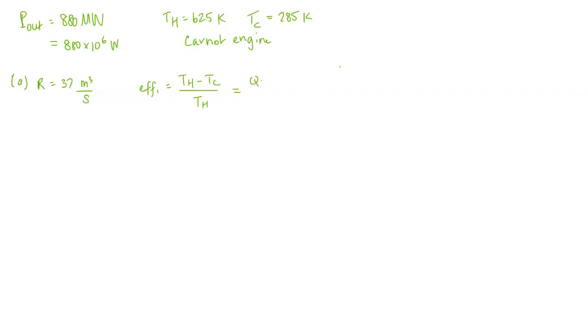And for a Carnot engine, this is also related to the heat input at the high temperature minus the heat exhausted at the low temperature, divided by the heat input at the high temperature. But the difference in heat input and output is simply equal to the work done by this Carnot engine.